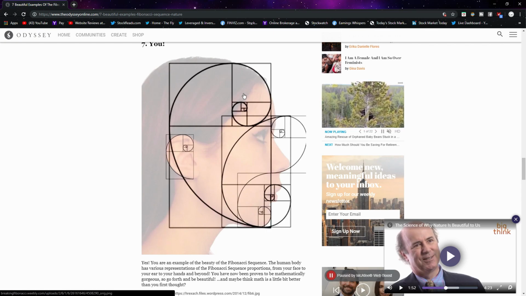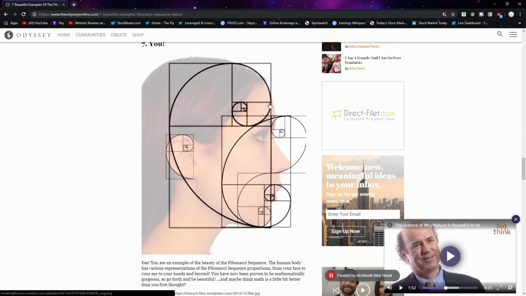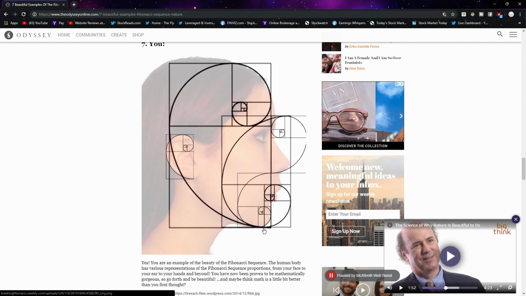The human eye looks at a face. That's why when you're out in public and you see somebody, no offense to anybody that's out there, that has plastic surgery done to their face or any part of their body, the human eye will directly pick up on that because it's an error in the Fibonacci ratio. You could see here your face measures out to the Fibonacci ratio.